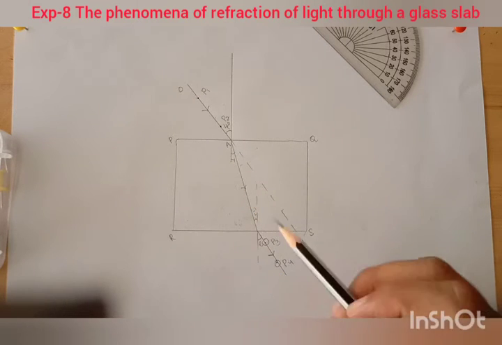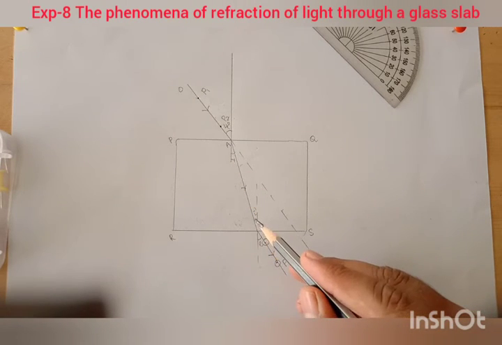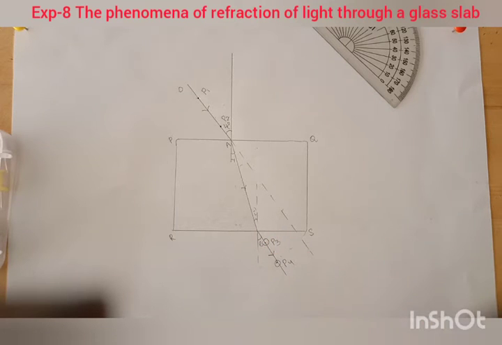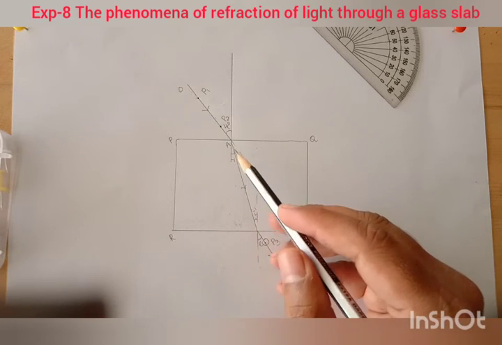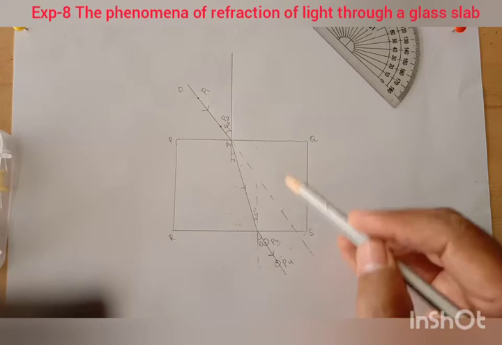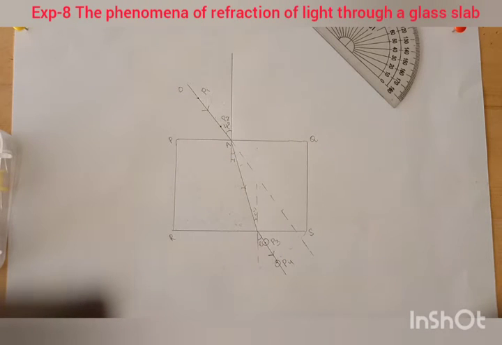See here. And whenever the light ray passes from the denser medium to the rarer medium, it bends away from the normal. So the conclusion is the behavior of the light ray as it passes from air to glass and again glass to air.